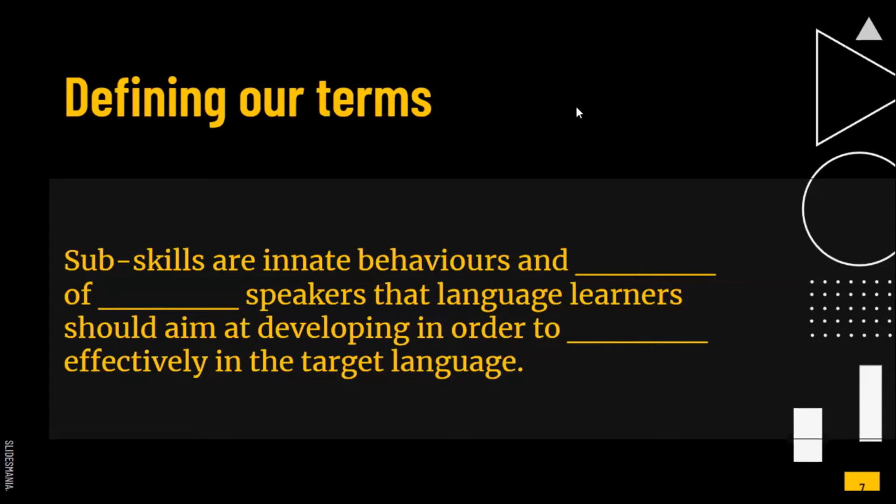I'm going to give you some time so that you can read this definition and tell us the missing words. Set of rules, right? Behaviors and set of rules to write. Okay. Any other volunteer? Can you tell me another one?